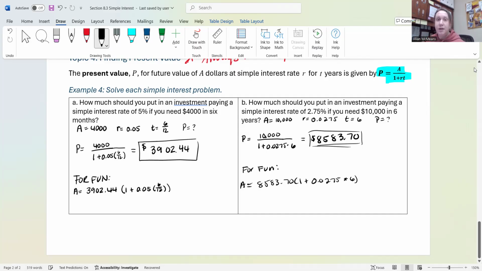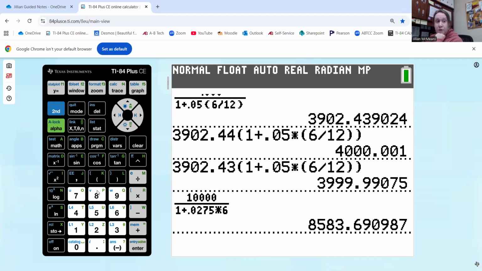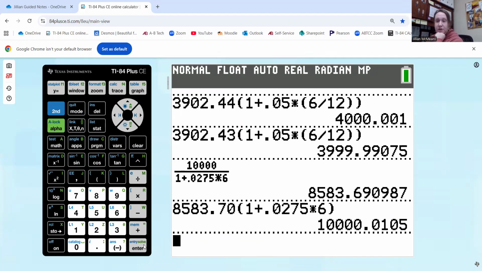Let's go back to the calculator. All right, so if we look at the future value formula, we get 8,583.70 times 1 plus R, which is 0.0275, times T, which is 6 years, and hit enter. And you can see here we're 1 cent and a teeny tiny bit above our goal, but it's okay to be above our goal. We just cannot be under our goal.